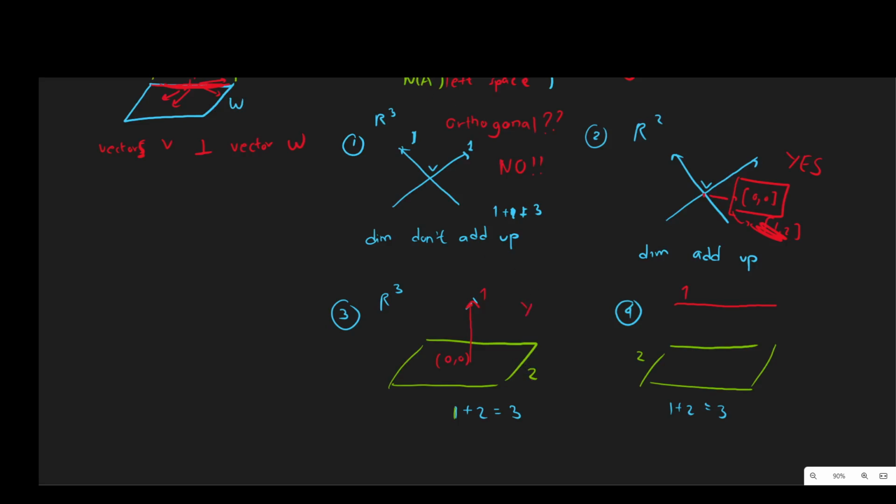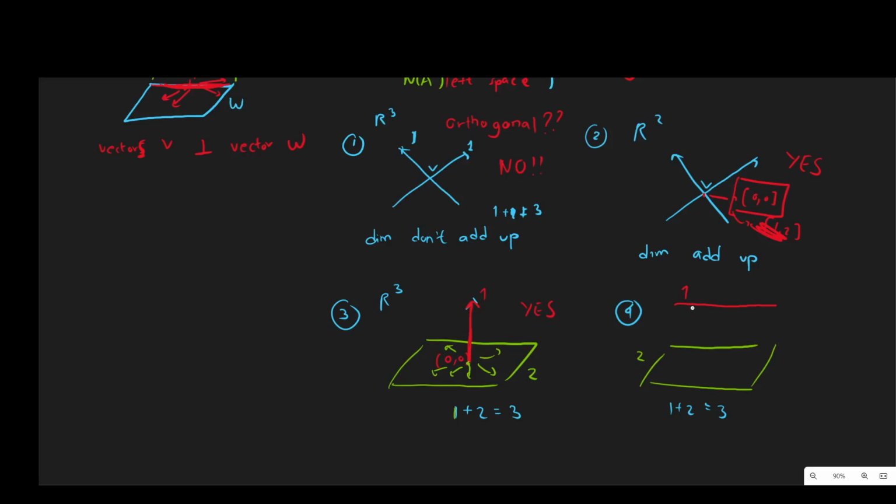The answer is yes, because we can see visually, geometrically, that all kinds of vectors that live here are orthogonal to all the vectors that live here. They are creating a right angle, including also the 0 vector. So they are orthogonal.